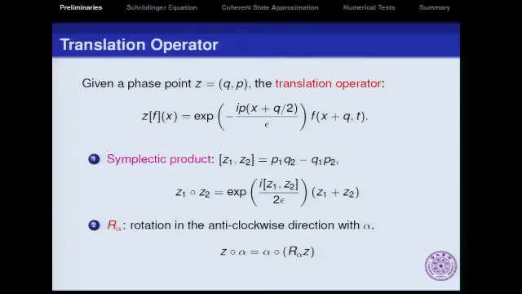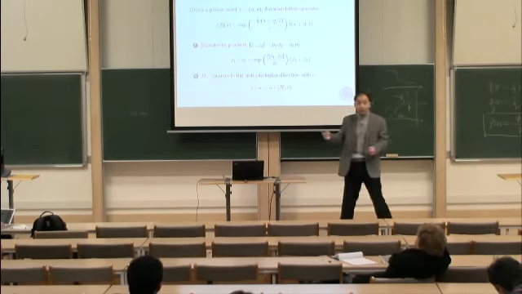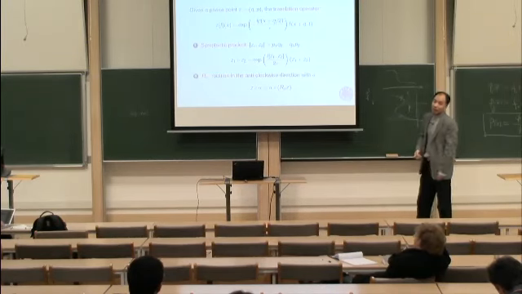Here, you remember alpha is the rotation angle, defined as a rotation of the phase space, and here followed by a shift. The effect is that you first shift the origin of the phase space to this point, and then you do the rotation. It's easy. You can just verify it directly.